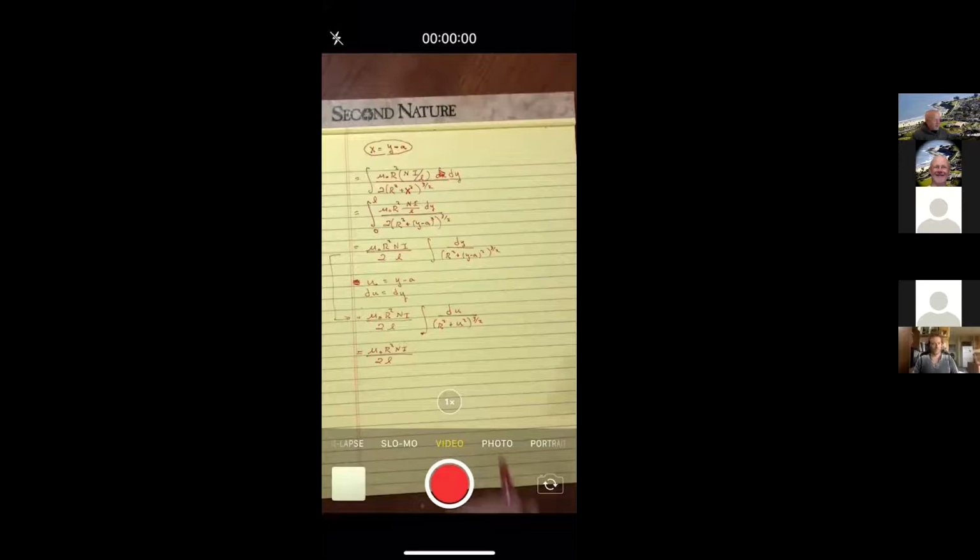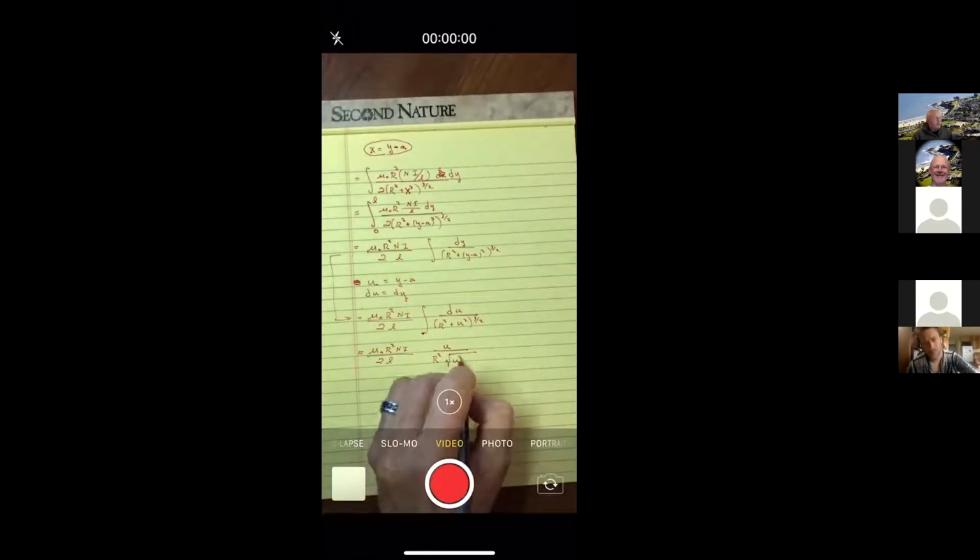They have done it in terms of x, so I have to remember that in theirs, their x is my u, and their a is my r. So this would be an r squared, and then the square root of u squared plus r squared. So I've got my u's and I've got my r's.